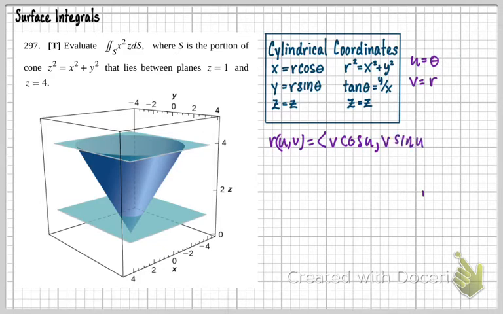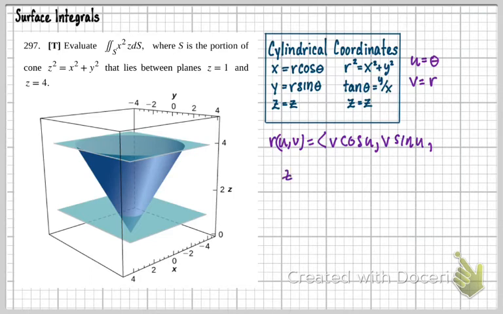Again, hopefully you can see how that's coming into play. My x is going to be the first one, and then my y is going to be the second one, all in terms of u and v. And then our z is kind of the strange one we've got to work out by its equation. The equation for this one is z squared equals x squared plus y squared.